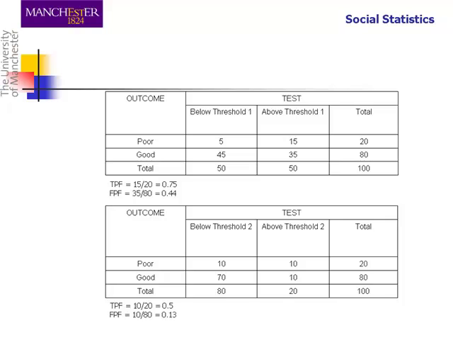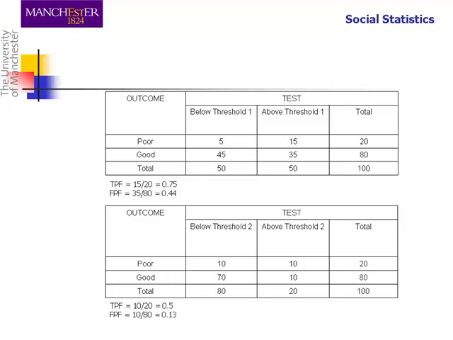We might change that threshold so that instead of having 50 people above it, we only have 20 people above it. In other words, we make it a tighter criterion. We don't admit so many people scoring above the threshold. What happens is we change the true positive fraction from 0.75 down to 0.5.